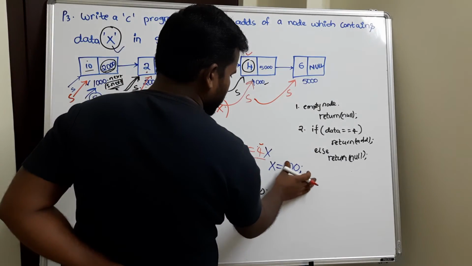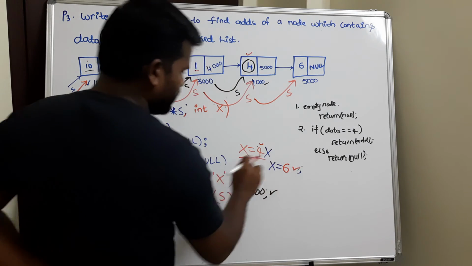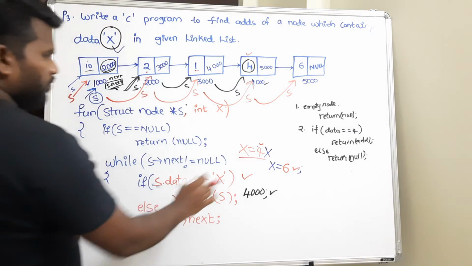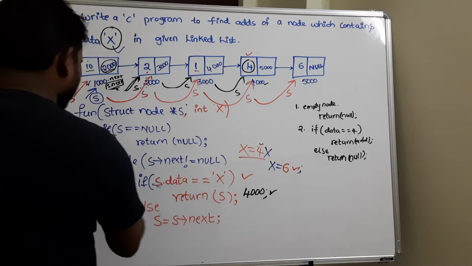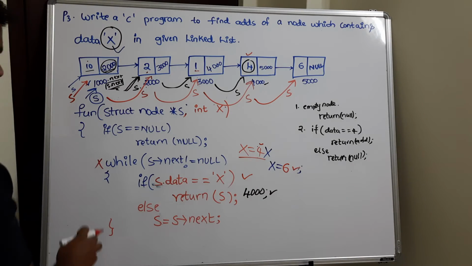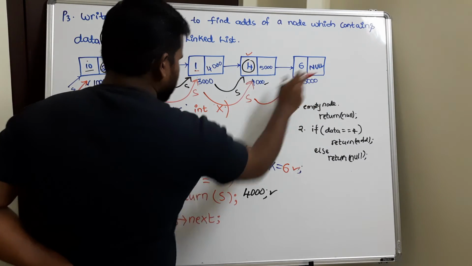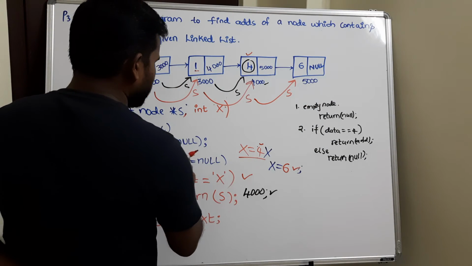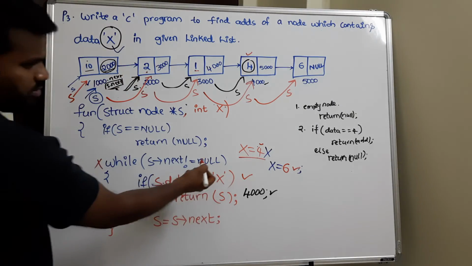For suppose say x value is 6. So we are here, s next not equal to null, this condition is false, right? This condition is failing because 5000 next equal to null is true.